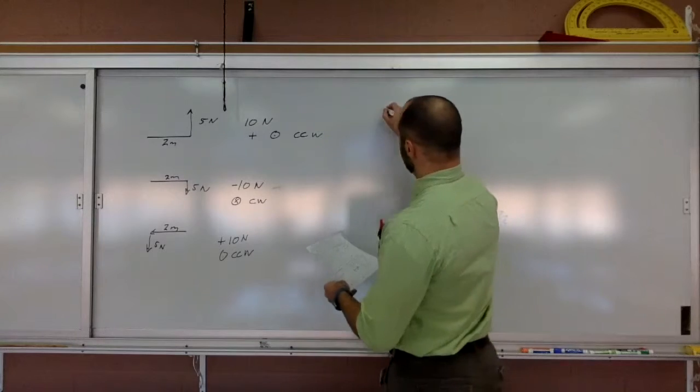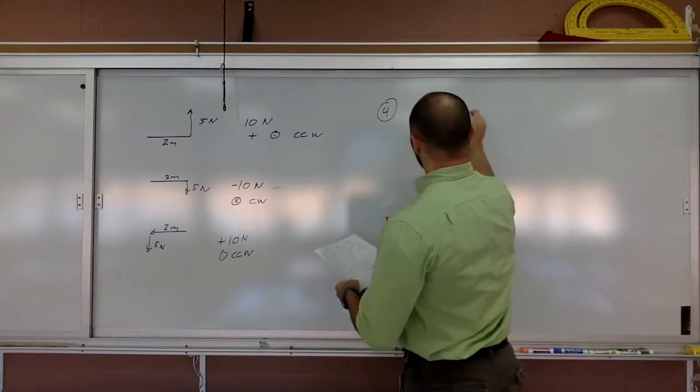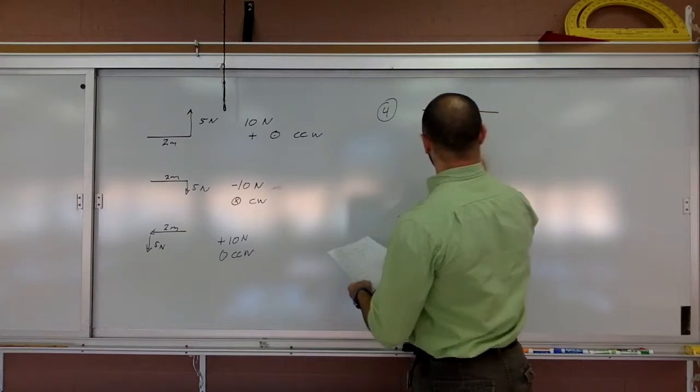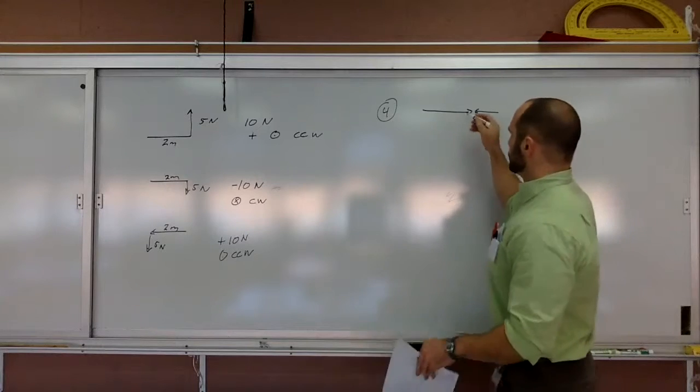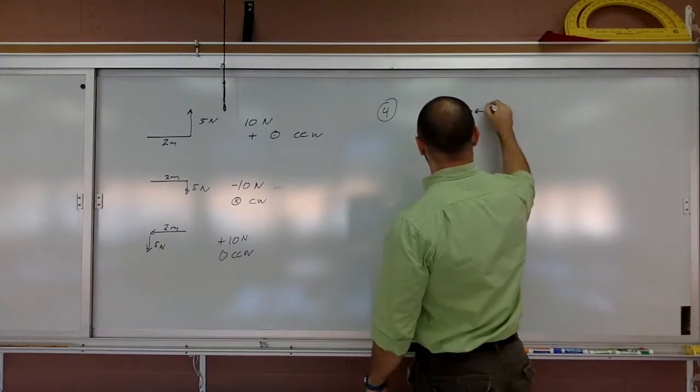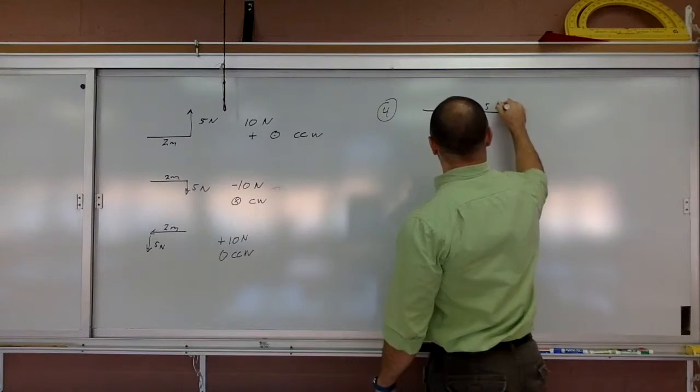Example 4, good if I number these. Here the angle between them is 0. So think about this for a second. 2 meters and 5 newtons.